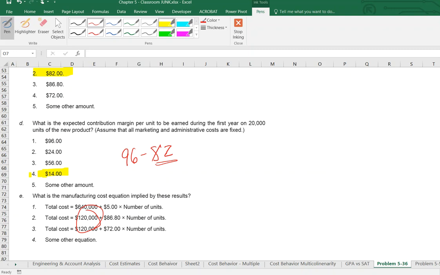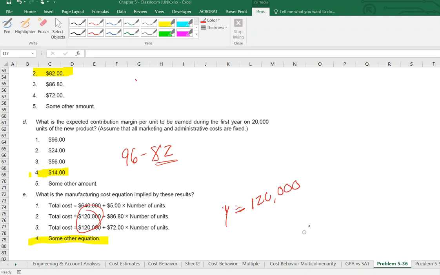It would have been some other equation, which is, if we're doing this in terms of number of units, we've got our fixed component of $120,000 plus the variable cost of $82, not per direct labor hour, but rather per unit.